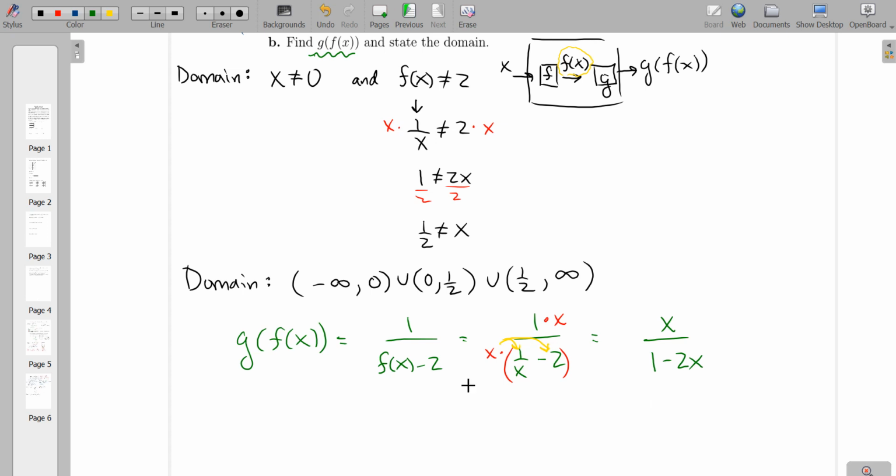And interesting to note here, just from the simplified version, I can see that x should not be a half, right? Plug a half in here, you're in trouble. But you cannot see that 0 is problematic.